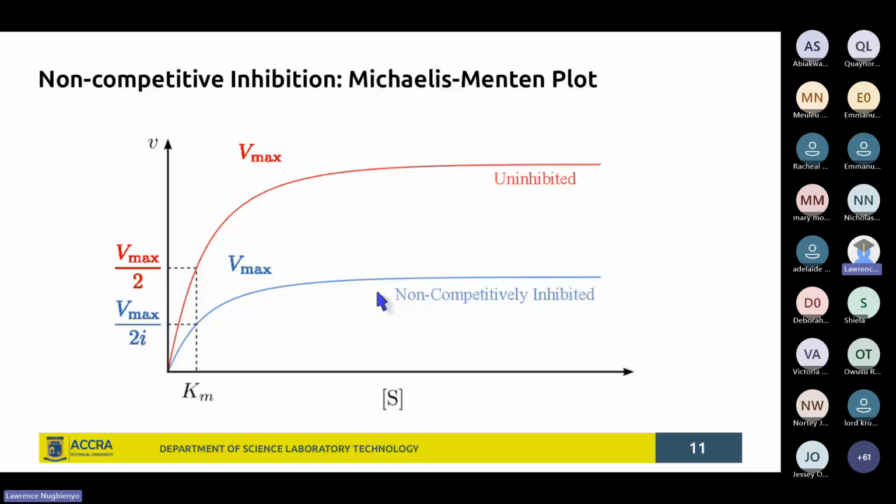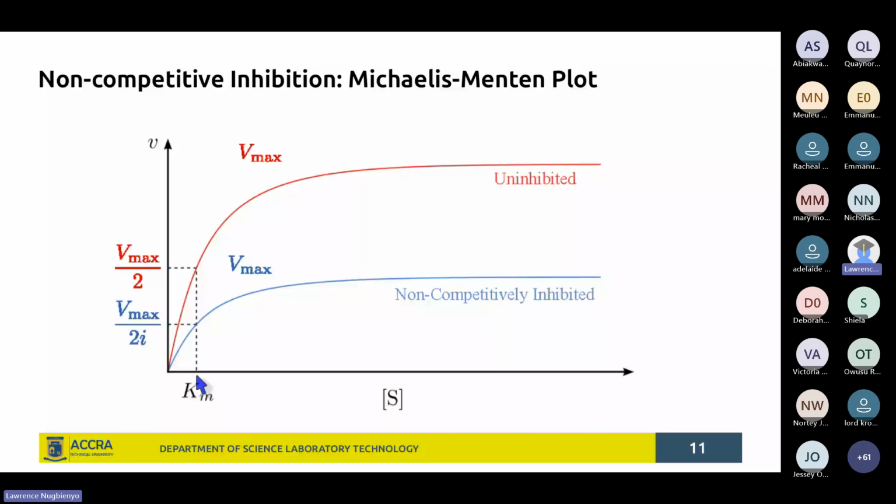So it will still have that maximum effect of inhibiting the reaction, so that once you have the maximum rate of reaction lowered in non-competitive inhibition, you also have half of the rate of reaction also being lowered, even though you have the Michaelis-Menten constant being the same.